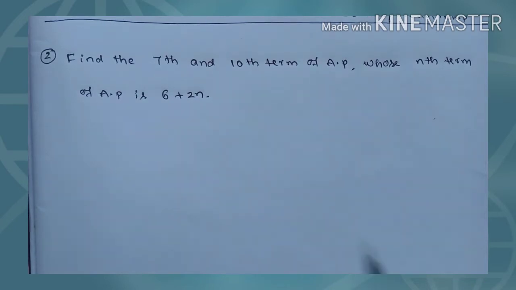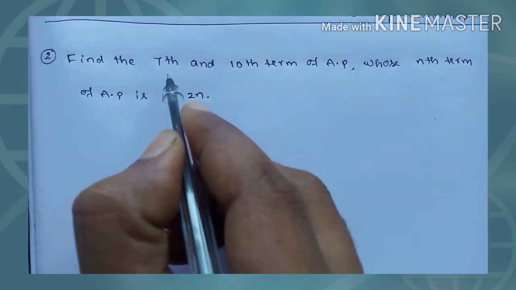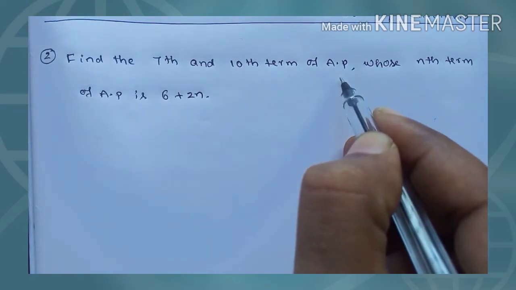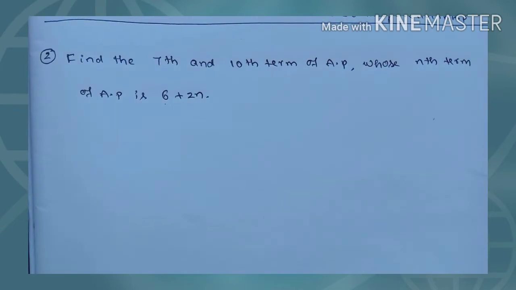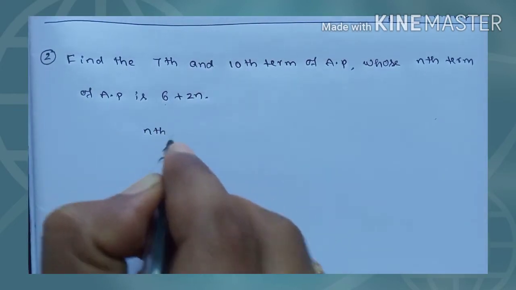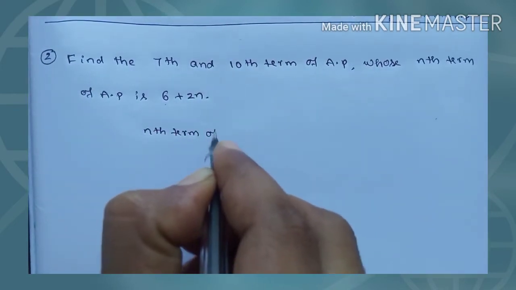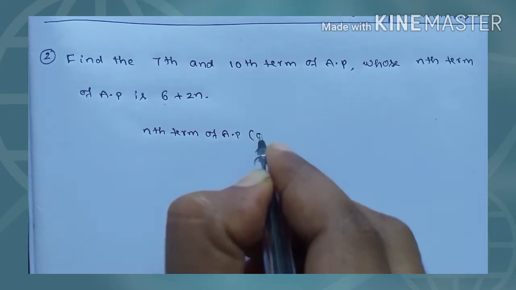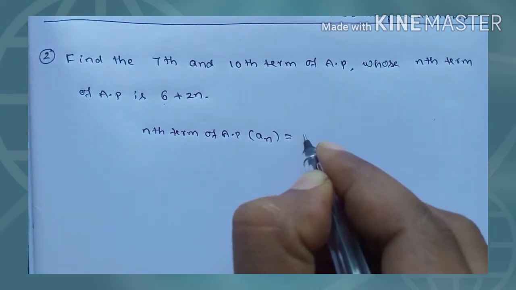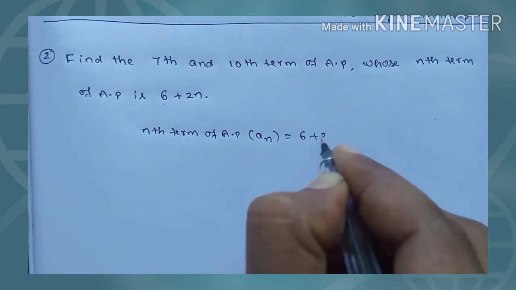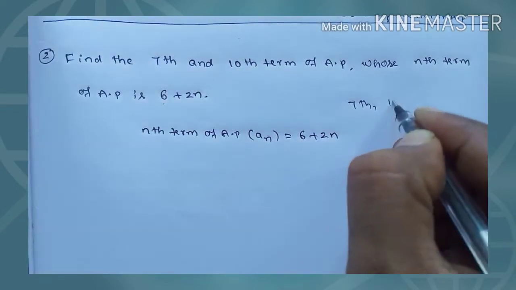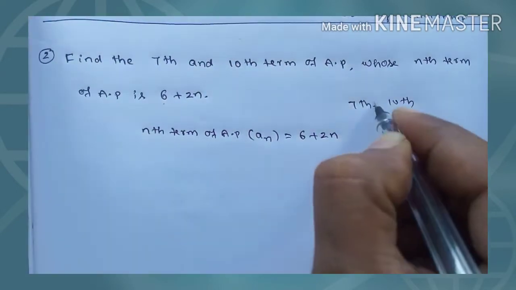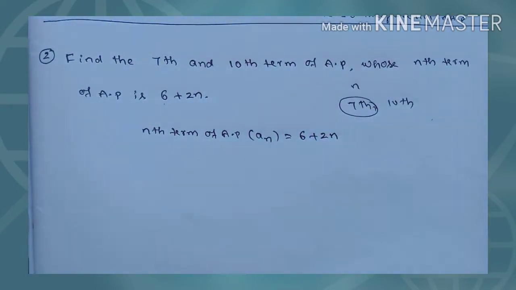Well, the second one. Find the 7th term and 10th term of the AP whose nth term is given as 6 plus 2n. The nth term of AP, an in symbolic form, is equal to the given 6 plus 2n. Here the requirement is the 7th term and 10th term. So one time you have to take n value as 7 and the second time take n value as 10.